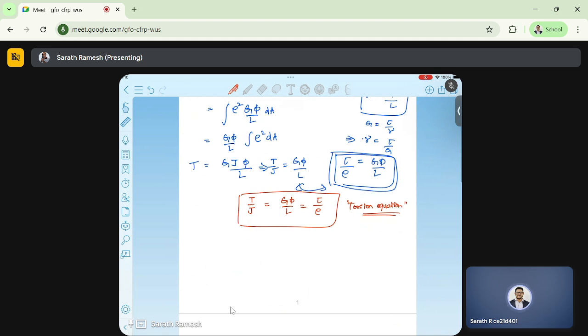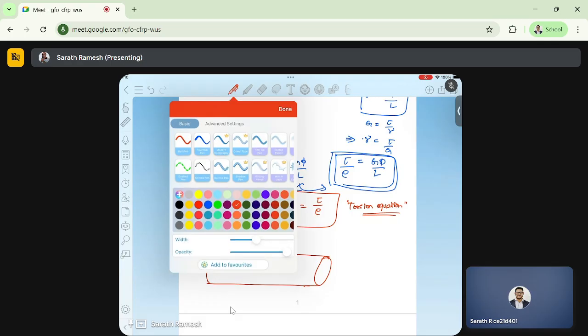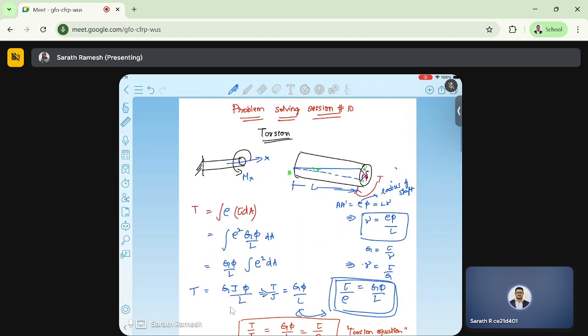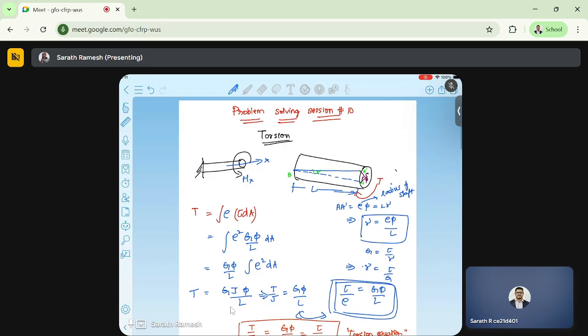What I meant is, if we have a shaft here, and if I draw some lines over the surface, after my twisting, these boxes will remain boxes. It won't cause curvilinear deformation. It will remain straight. The only thing is, it will become slanted, right? So this is the assumption that we follow.